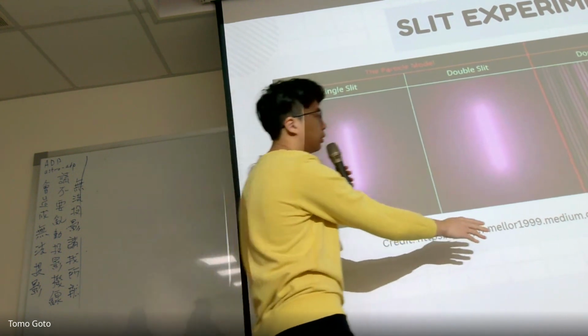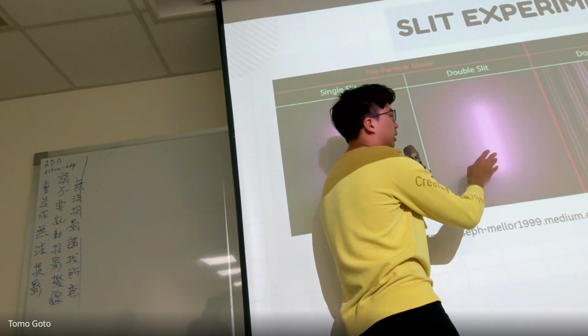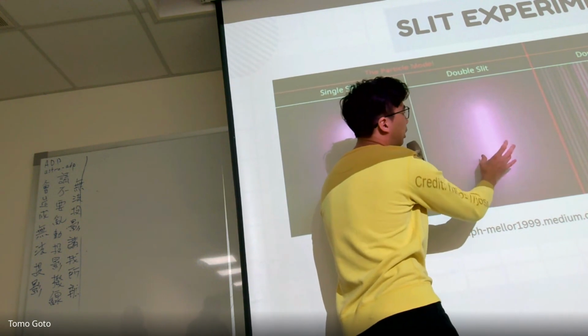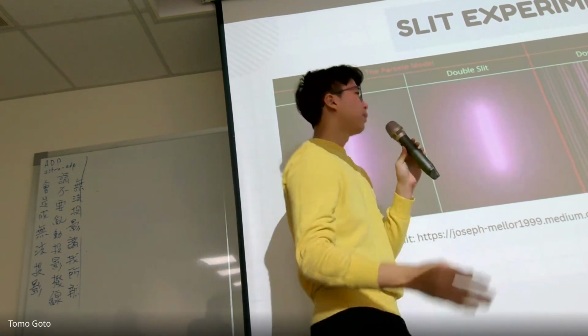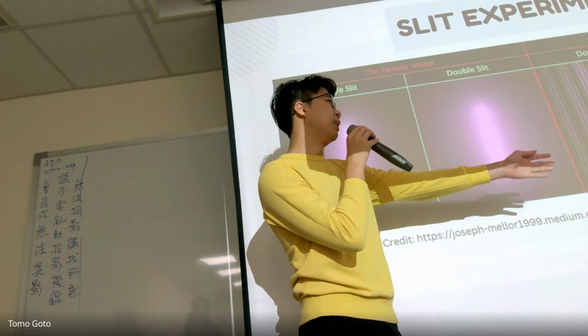The same could be said for a double slit. Although in this picture it's a little unclear, the middle part is a little darker compared to the two sides. But in reality, what we see is something more like the picture on the right.